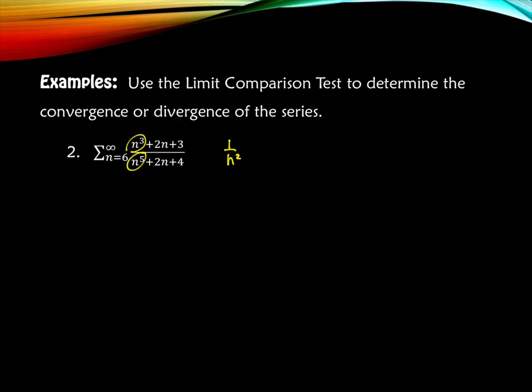The problem is that if I were trying to set up an inequality like I did on the previous one, it's not so friendly. The numerator's fine. I can take some extra pieces off the numerator and for sure make things smaller or bigger. But what happens in the denominator doesn't actually help. If I take extra stuff off the numerator, it makes it smaller. What happens if I take the extra stuff at the end off the denominator?